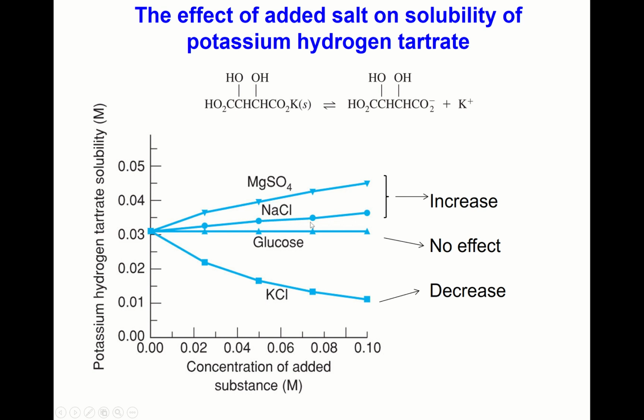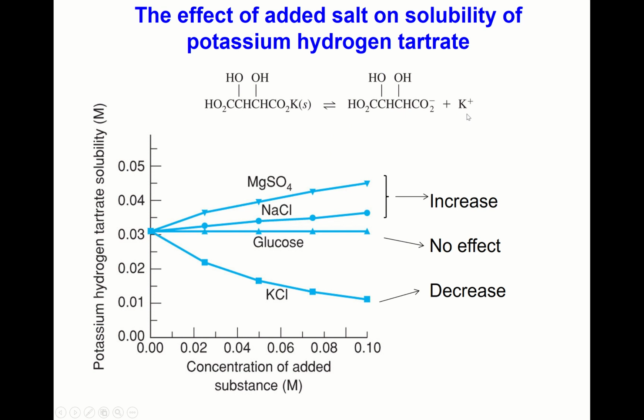Here you have to pay attention to the fact that the magnesium sulfate effect is more than the sodium chloride. The reason is the same: magnesium ions and sulfate ions are surrounding the tartrate ions and also the potassium ions. Likewise, sodium ions surround the tartrate ion and chloride ion surrounds the potassium ion.